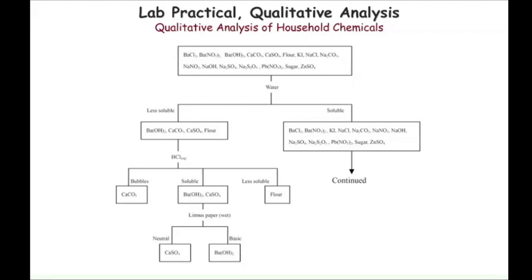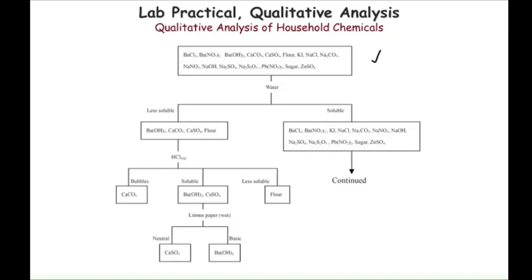Well, I sort of wrote that in there, and it's actually taking household chemicals like sodium chloride, like Epsom salt, magnesium sulfate, like plaster of Paris, and doing a qualitative analysis on that. But here's another scheme right here.